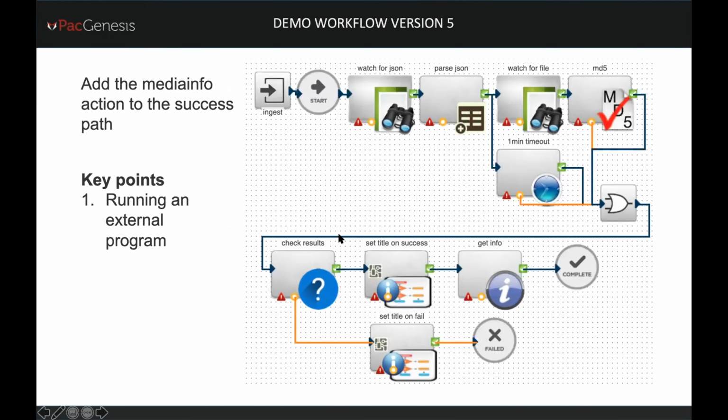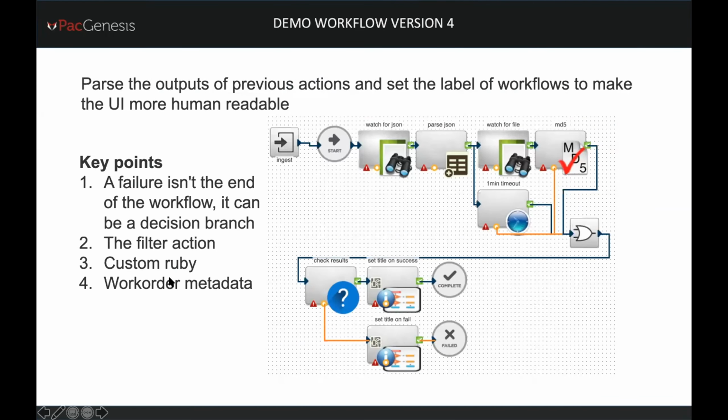And the work order metadata allows you to not only set the titles, but you can also run these at the beginning of a workflow to extract information specific to the workflow, such as the work order ID, the workflow ID, the tags that are associated with it. You can add tags.